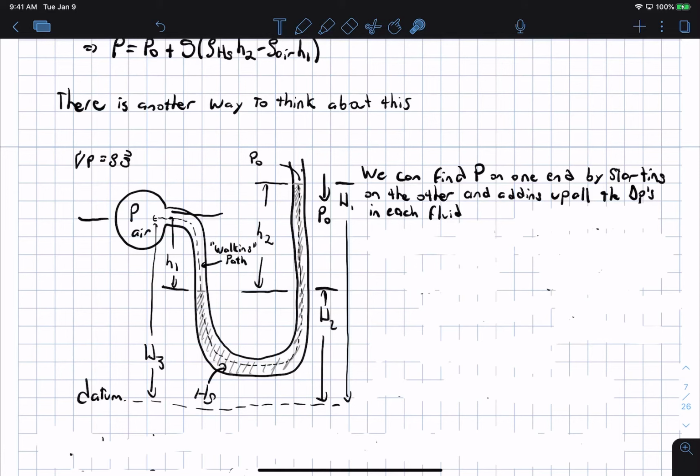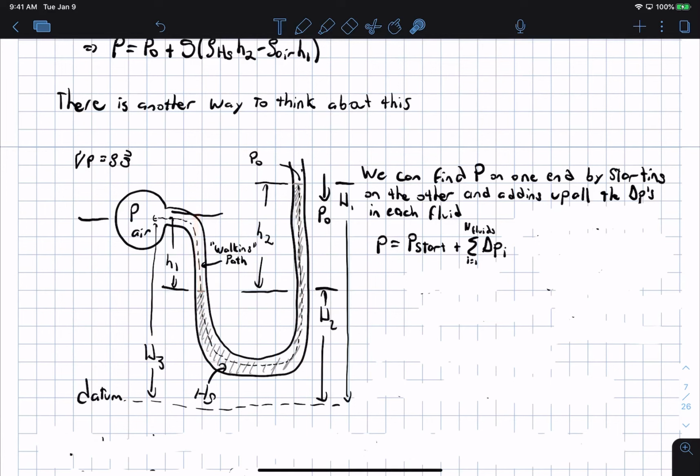So you pick a starting point, go down to here, and we have the starting pressure, and we add a delta P for this section here. Then we add a delta P for this section here, actually subtract, and then we subtract another delta P in this section here.